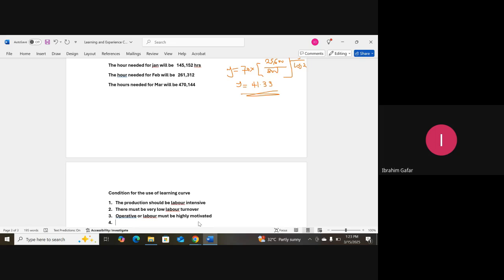Another condition for the use of the learning curve is that of extensive break. If there's idle time, if there's too much break, are you with me? The workers forget the experience they got, and as a result of this, the learning process will have to begin all over again. Are you getting it now?